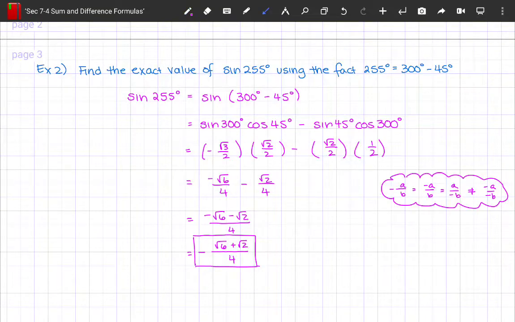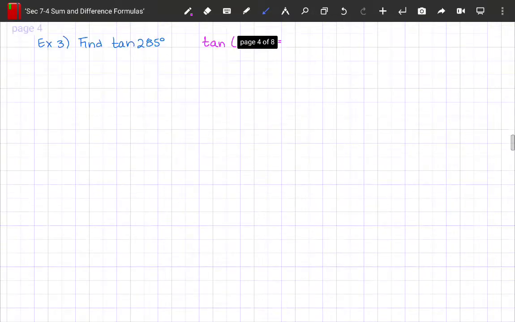Maybe not both angles are directly off of our table of values. 45 degrees in this case was on our table of values, but 300 degrees wasn't, but it had a reference angle that was. The reference angle of this is 60 degrees, which is on our table. So you kind of have to think about this one.